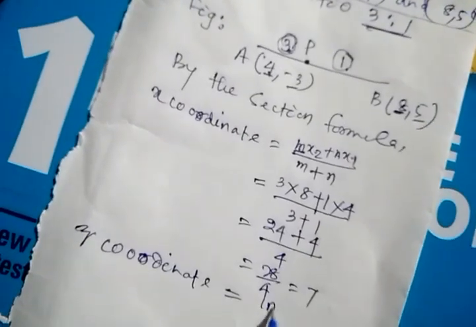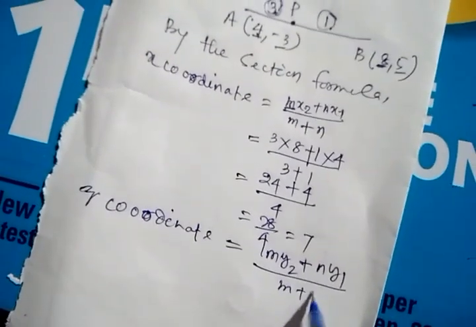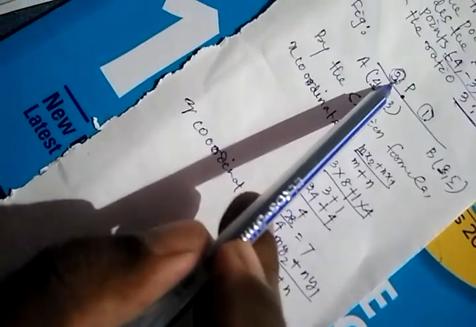So y coordinate is equal to formula my2 plus ny1 by m plus n. Clear? So that is equal to m means 3, this is called m.